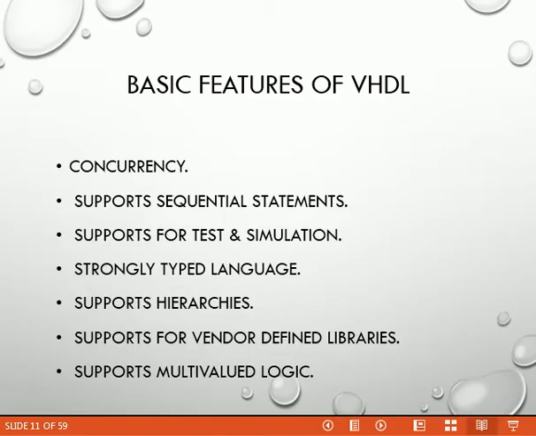If we assign process 1 first and process 2 second, it will give the same output as assigning process 2 first and process 1 second. Even though we exchange the order of these assignments, the result remains the same. So that is the first feature of VHDL programming.